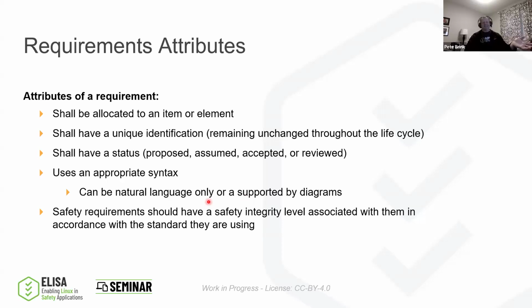If it has a safety integrity, it should have that safety integrity associated with it. If it has security associated with it, then we probably want to keep that associated with it as well. So there are some additional possible attributes that we can associate with it given the context or the environment that we are using the requirement in.